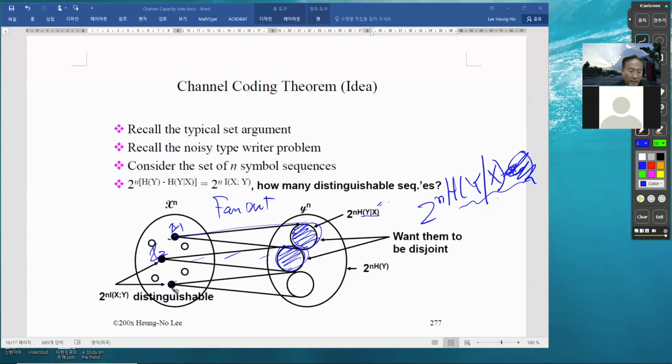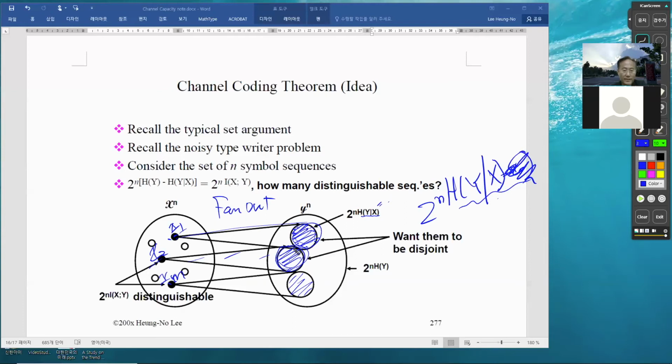And another x, let's say xm, and then a fan out like that. As we have seen in the noisy typewriter problem, if x1 and x2 are selected closely, both of these fans overlap with each other.